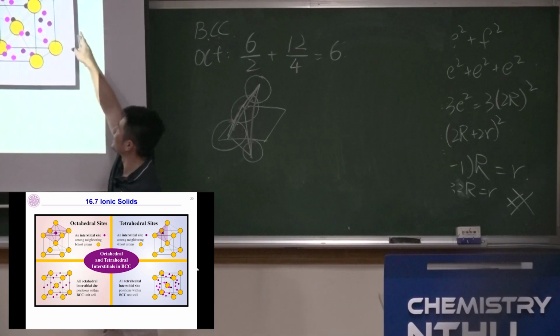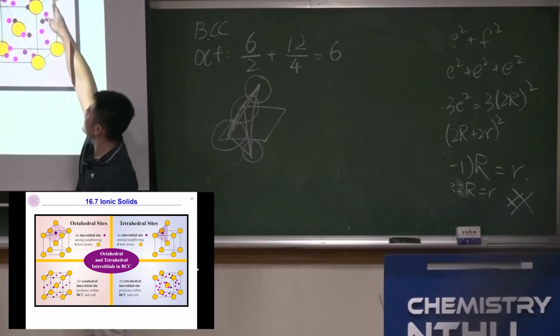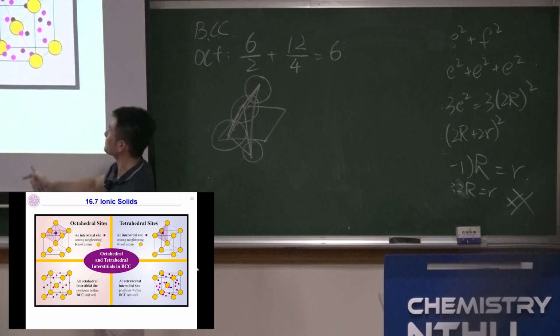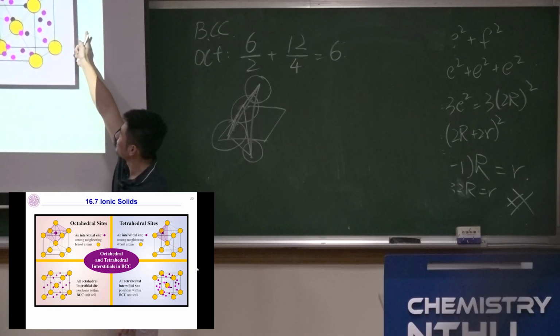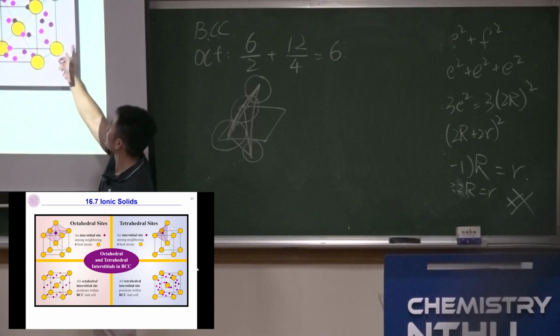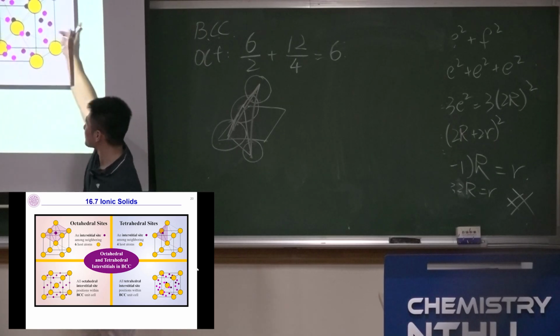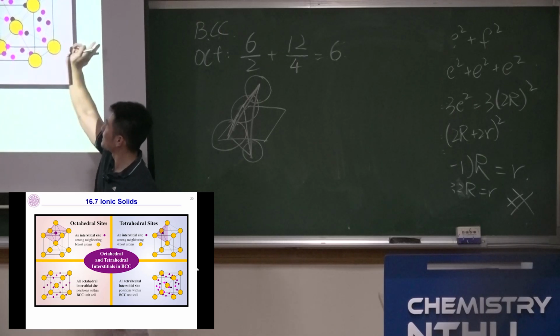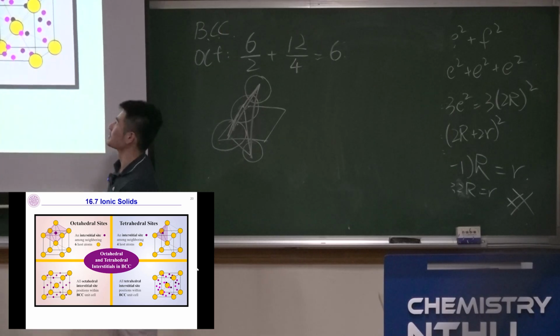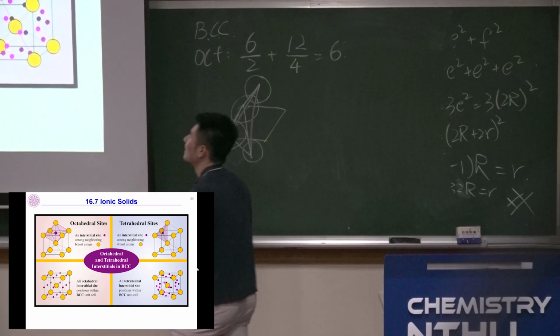Body, another body, the edges form tetrahedron. Again, body and body, but with these 2 edges, so we form another tetrahedron. Body, body, with these 2 edges, so we form a tetrahedron here. And body, body, with this edge, form a tetrahedron here. That's why we have 4 tetrahedrons here.